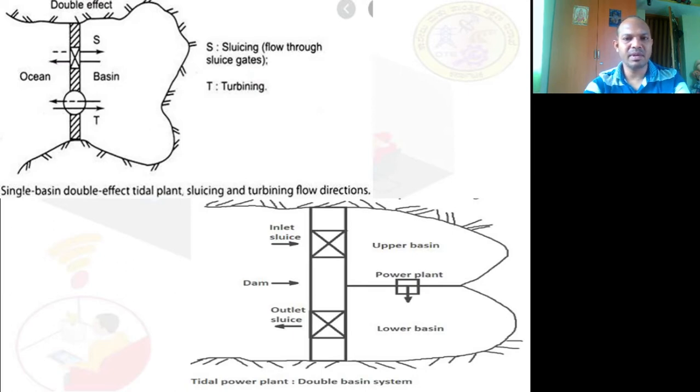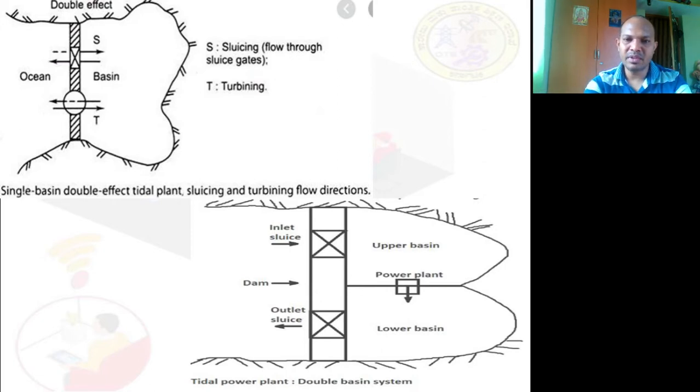The upper basin is something like a dam, in which the water with higher potential energy at the head will be collected, and then the gate will be closed. Then the water collected at a certain height, which possesses more potential energy, will be allowed to pass to the lower basin which is adjacent to it.